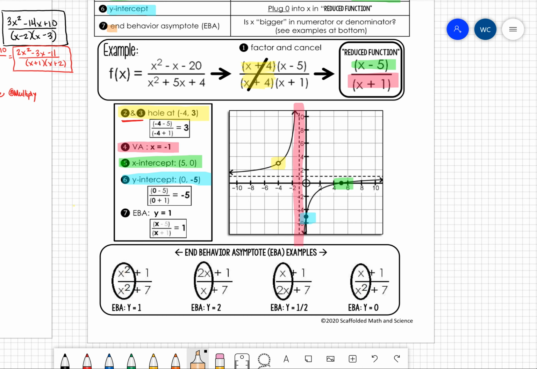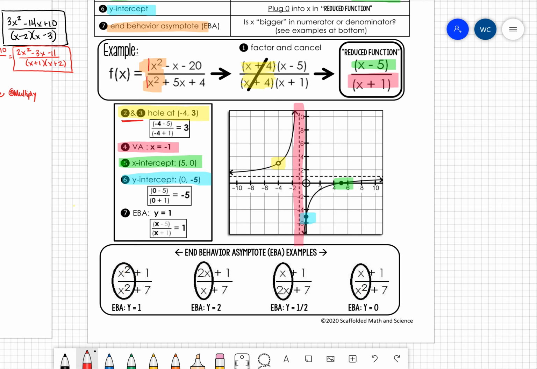So for our horizontal asymptote, we look at the values in the front. In this case, I'm looking at my x squared over x squared. Remember, if there's nothing there, it's an understood 1.